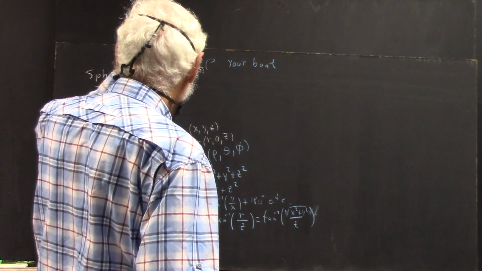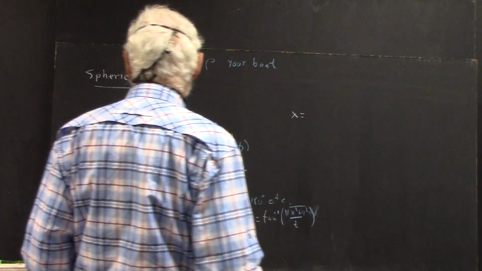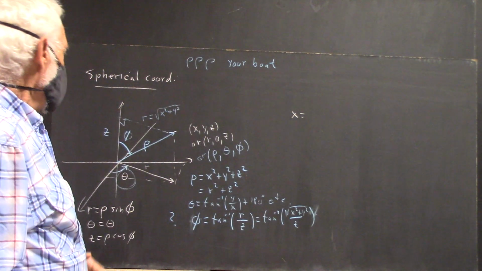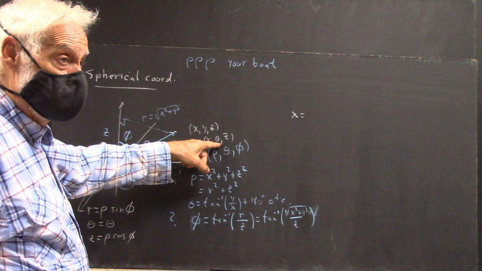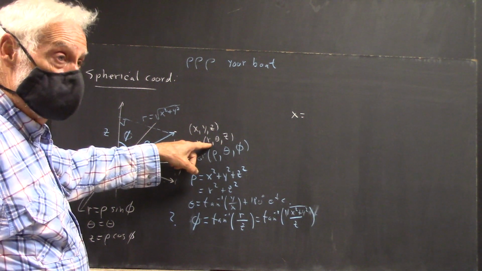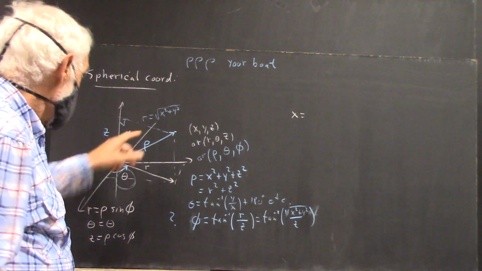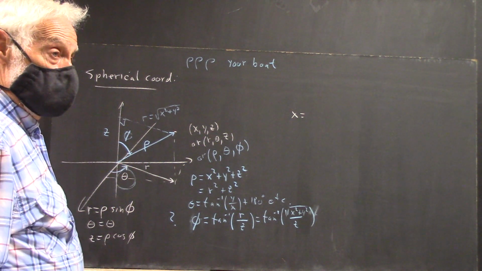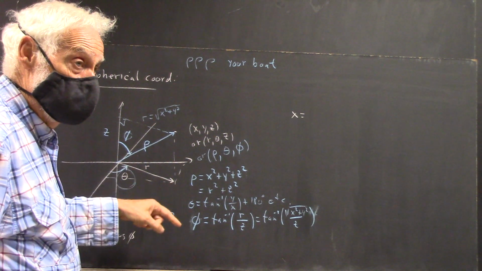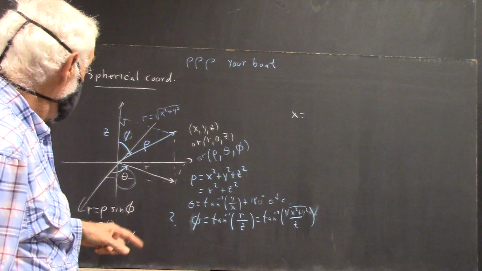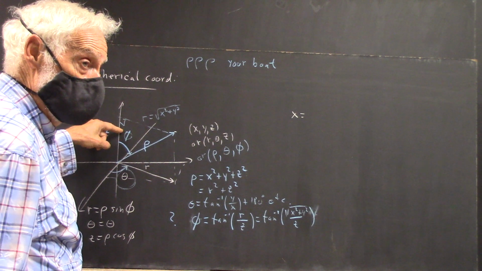And the other set of equations is, x equals what? Well, x would equal r cosine theta, right? But r is not a spherical coordinate. So if you've got the spherical coordinates rho, theta and phi, how are we going to get x? Well, we project the point down here, and we have this, right? And this is just rho times the sine of phi, okay?